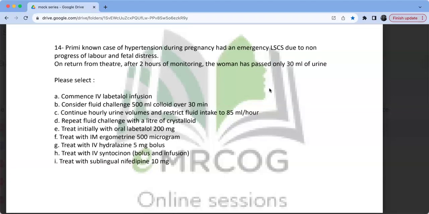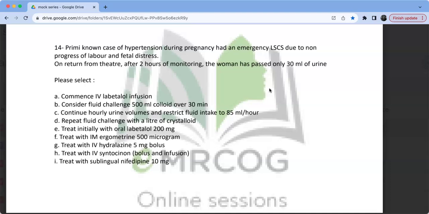When you have a woman who had an emergency cesarean section and now has oliguria, you want to know the reason for this oliguria. Are you suspecting kidney injury, or is it because of hemorrhage and hypovolemia?